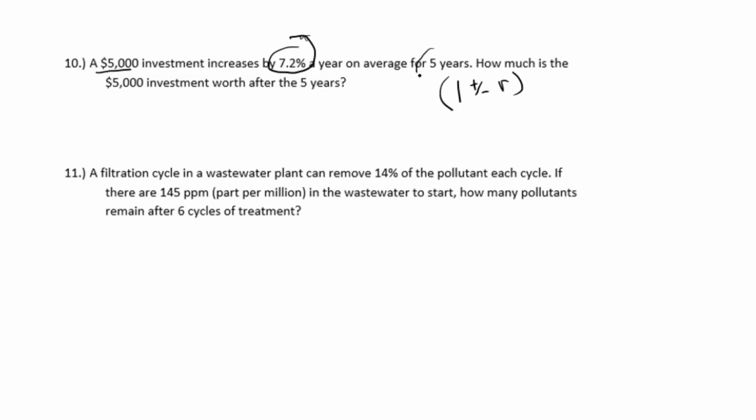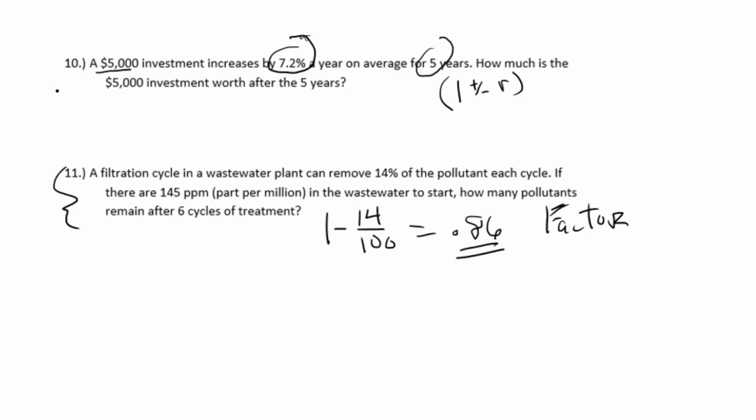And you're going to raise it to the 5th power, right? This one is going to be 1 minus 14 over 100. That's 1 minus R. So what's that going to be? 0.86. So that's the factor you're going to use in order to do this problem. These are really good problems.